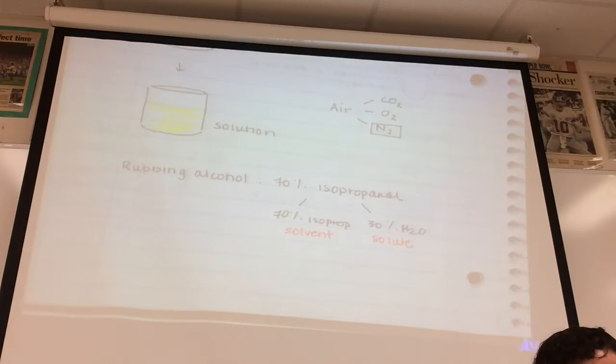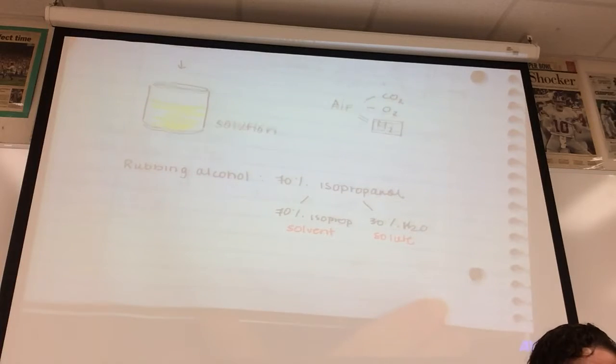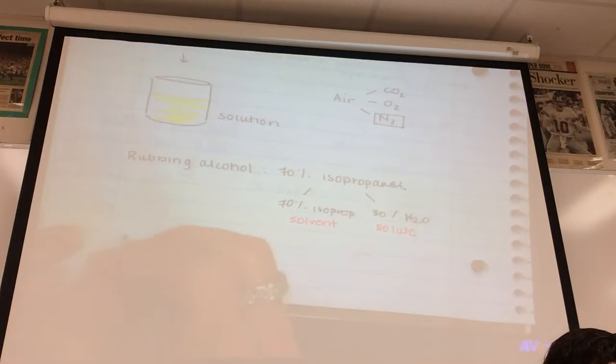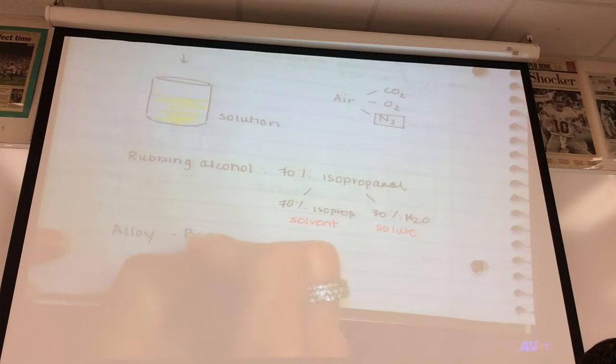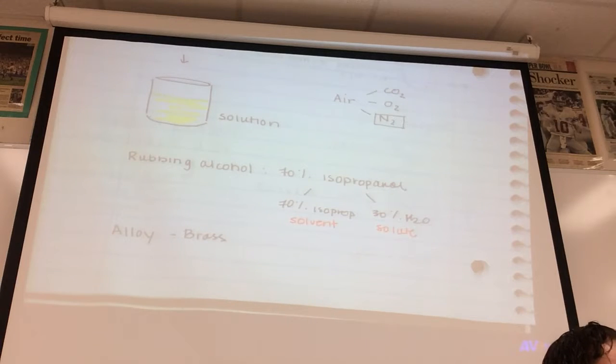Another example of a solution is a solid solution, and an example of that would be an alloy. And there are different types of alloys. What's an alloy? So one example of an alloy is brass, and many of you have brass doorknobs or brass faucets in your house. Now, brass is not an element. It's not an element on the periodic table.